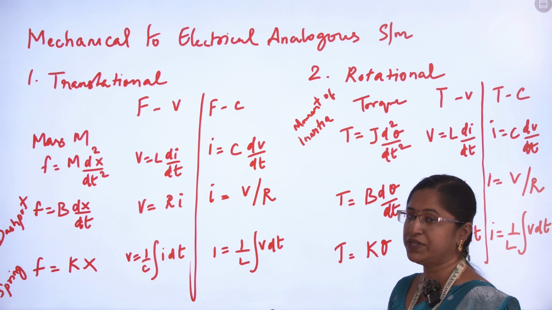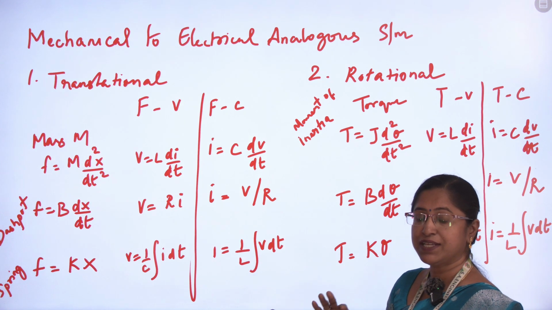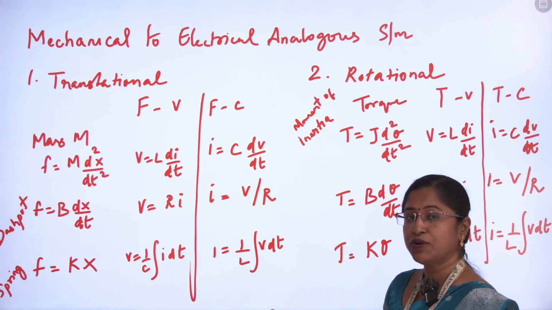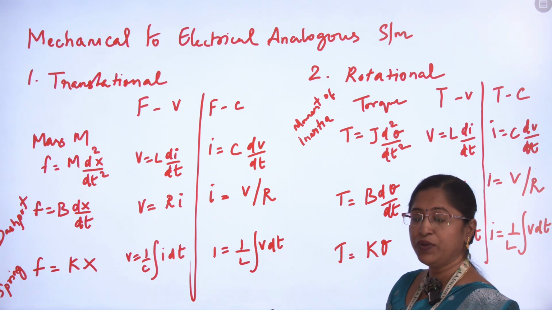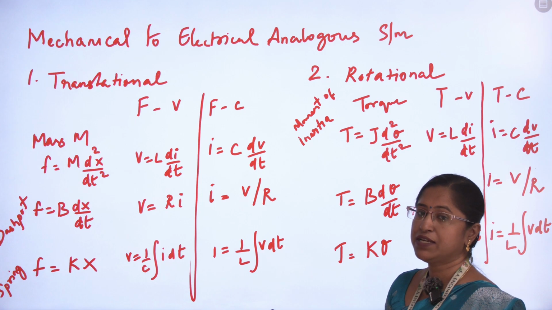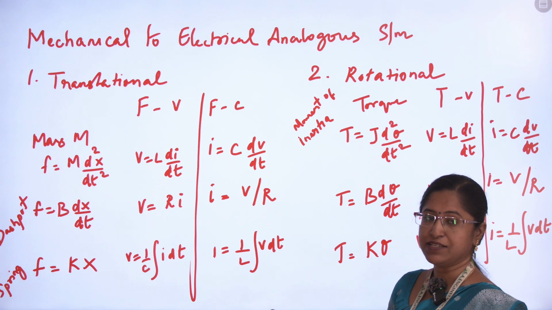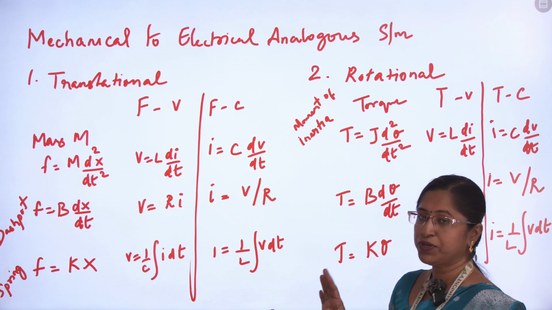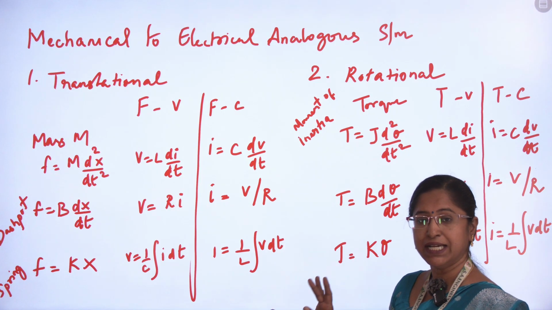Because of the force, you will have a displacement, and that displacement is indicated by x. When there is a change in the displacement, it is called velocity, which is indicated by dx by dt. When there is a change in the velocity, it is called acceleration, which is indicated by d square x by dt square. The three main components in your mechanical system are mass, dashpot, and spring.